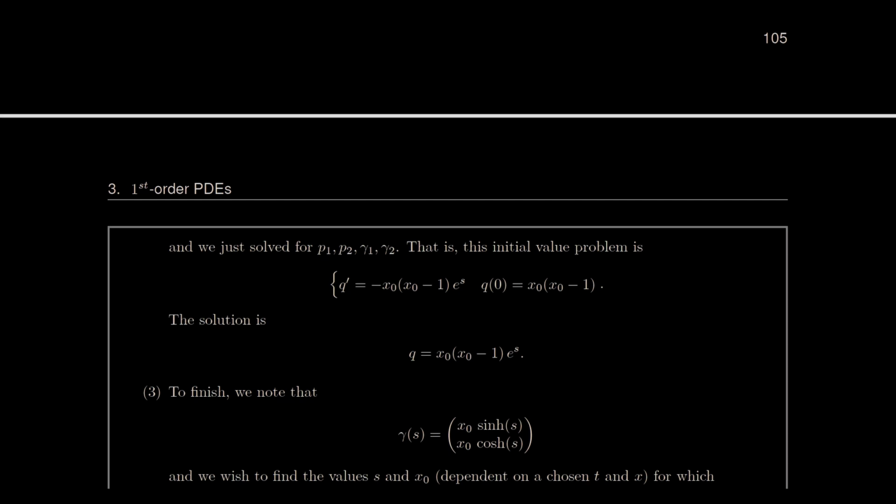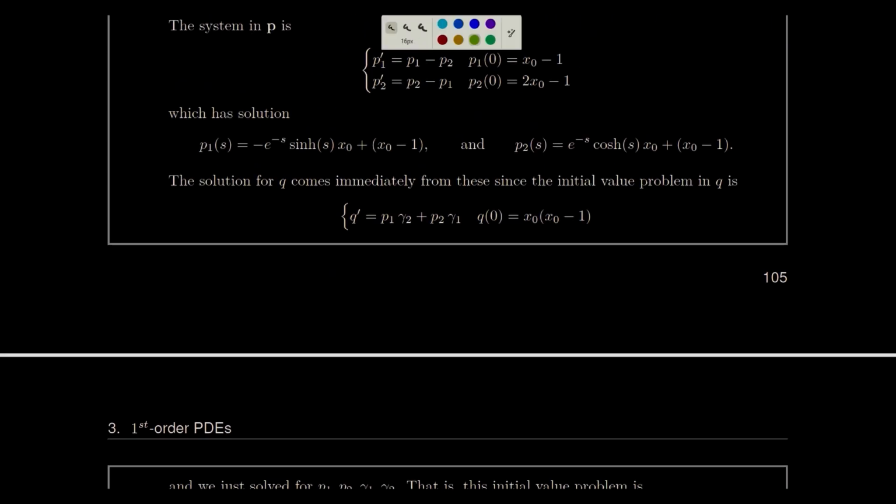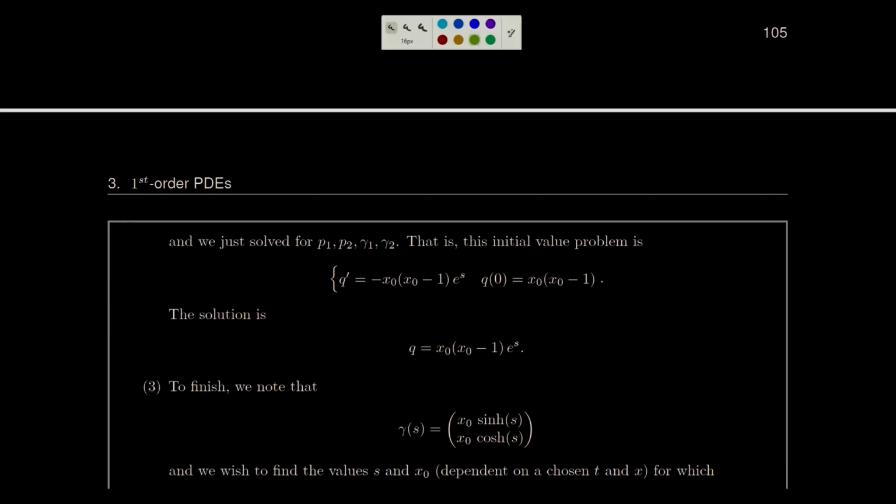And when I do that and simplify, this collection of p's and gammas simplifies very nicely just to negative x times x minus 1 of e to the s. And then I have my initial condition that needs to be satisfied as well. So it turns out very easily that you just integrate this and you exactly get rid of a negative sign when you integrate it and find the correct constant of integration. So we end up with that q is x naught minus 1 e to the s.